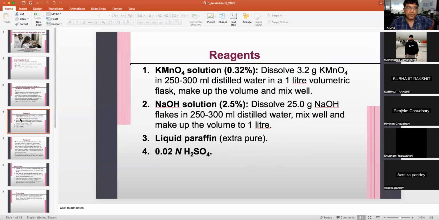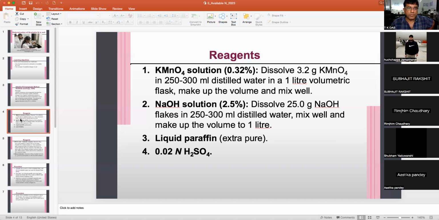Reagents are KMnO4 potassium permanganate solution, 0.32%. Remember, 0.32%. What can be done? Dissolve 3.2 gram KMnO4 in 250 to 300 ml distilled water in a 1 liter volumetric flask, and then make up the volume to 1 liter and mix it. You need to prepare sodium hydroxide solution.